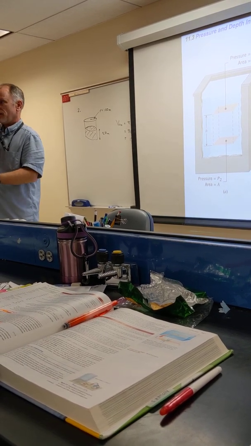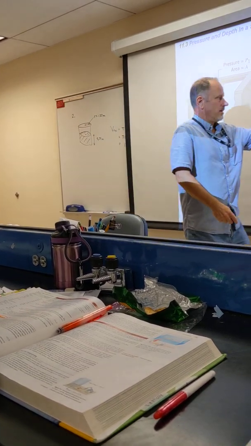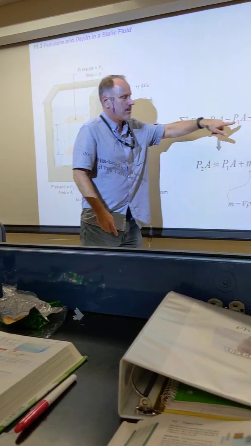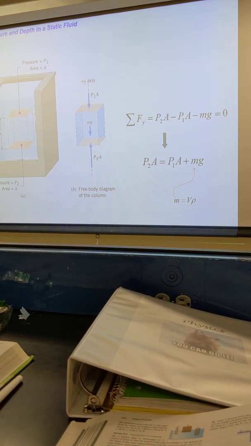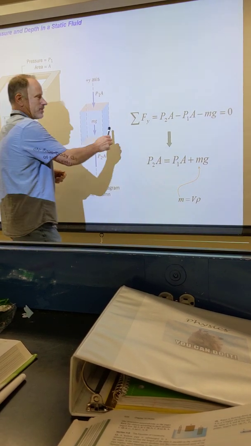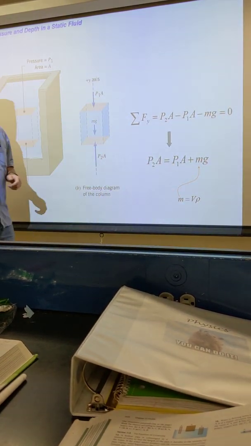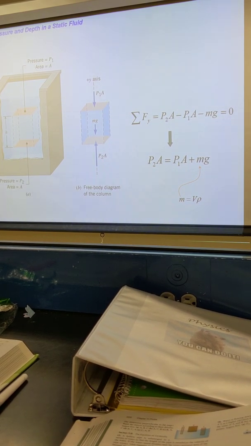The weight of it, the force from the top, and the force from the bottom. Up minus down, if it's not moving, because we're talking about static fluids, not moving fluids, right? I can write the sum of the forces in the y direction equals 0. You guys following that idea? It's beautiful.